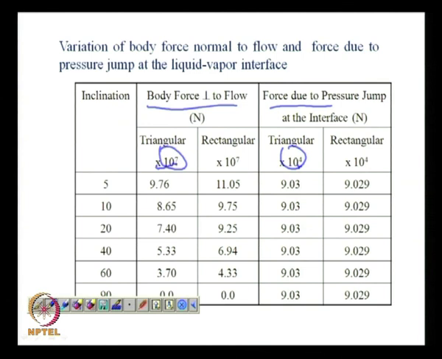So this is another proof that the gravity force is rather unimportant as you reduce the dimension of the system. It is the surface forces due to pressure jump at the interface, which is due to the curvature and the surface tension, which will govern the flow and associated heat and mass transfer for micro grooved heat pipes or flow through micro grooves.